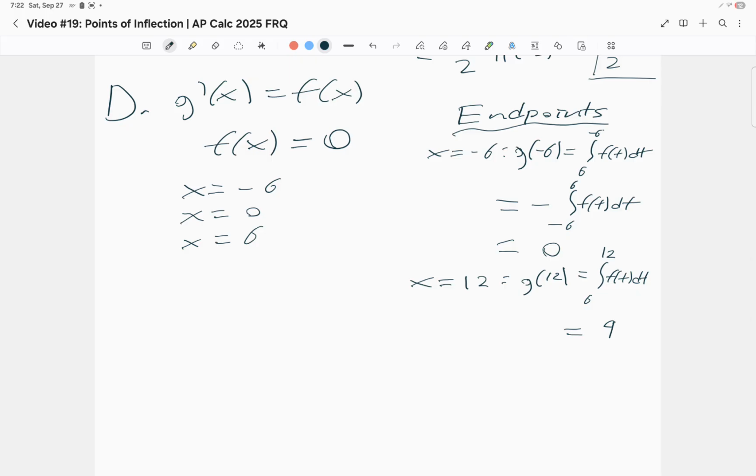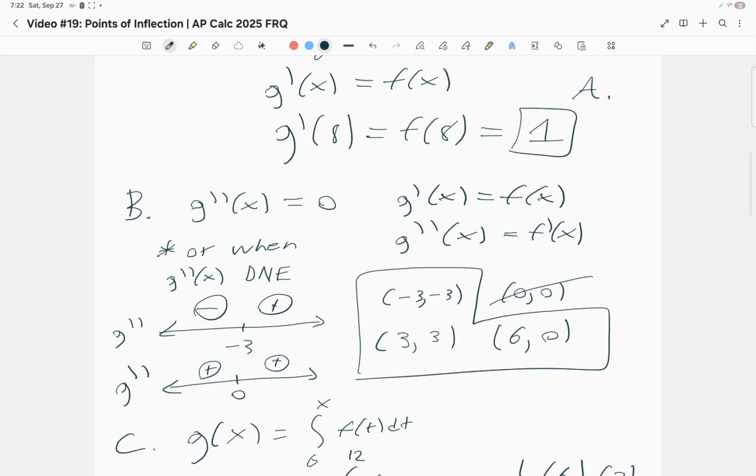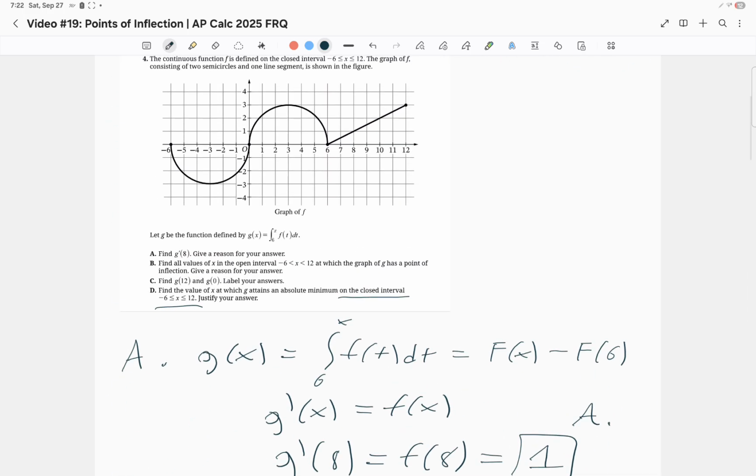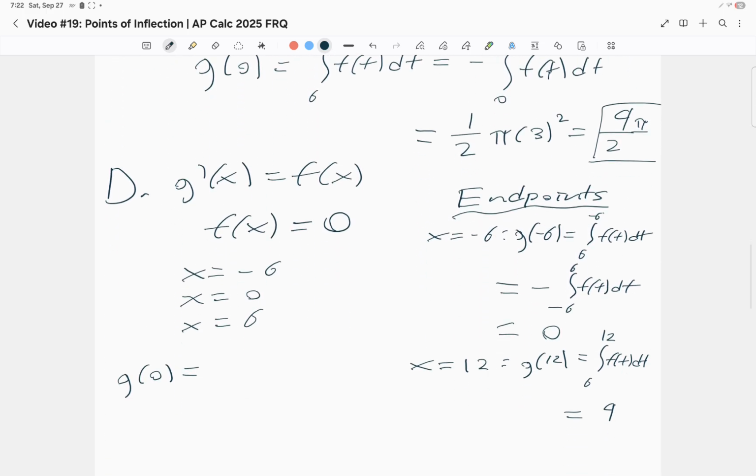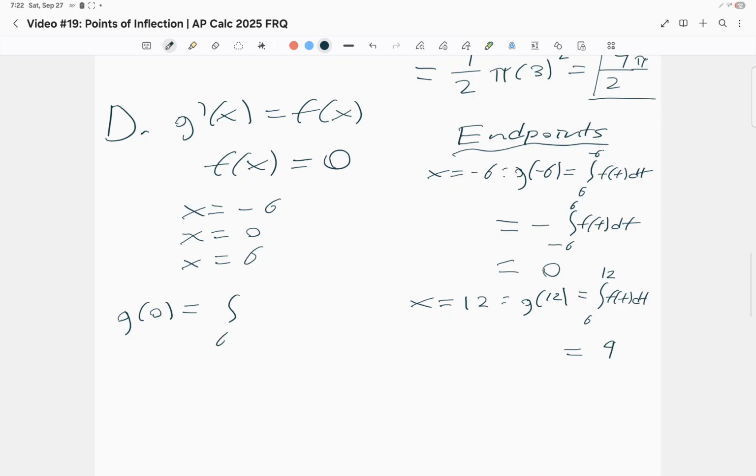We tested our endpoints. So now let's test these two values here, which we didn't get to yet. If we find g of 0, that's going to equal the integral from 6 to 0 of f of t dt. Once again, we can swap our limits: 0 to 6, f of t dt.